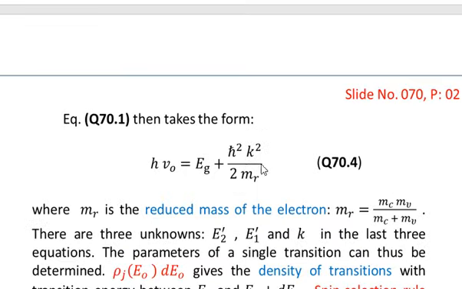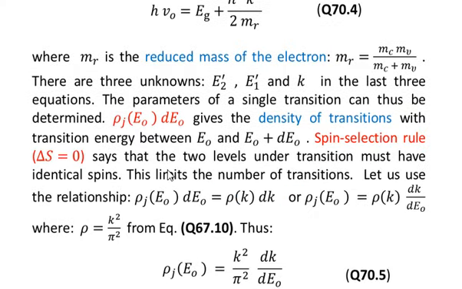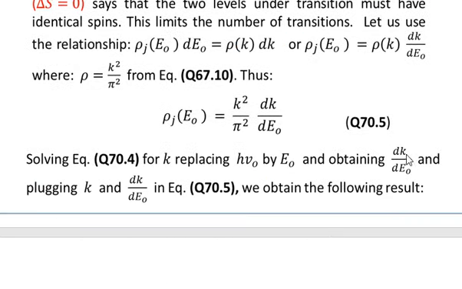So what we shall do is solve this equation for the value of k, so that k is on the left hand side and all the quantities are on the right hand side, and we shall replace h nu naught by E naught, and then from that equation we shall calculate dk over dE naught, that is the derivative of k with respect to E naught.